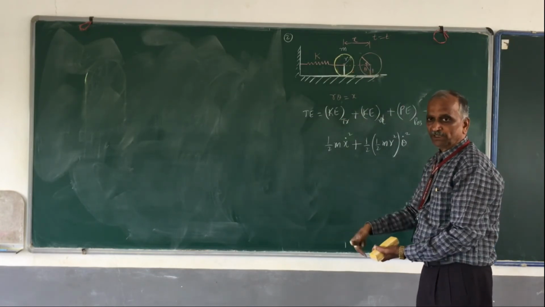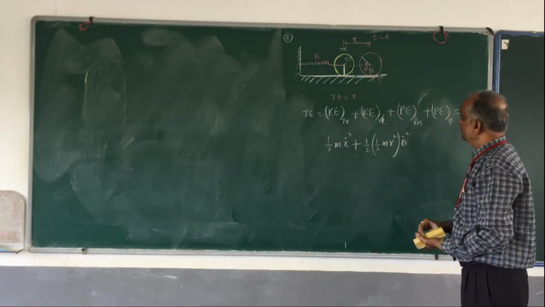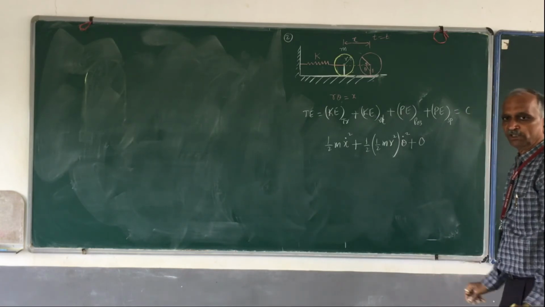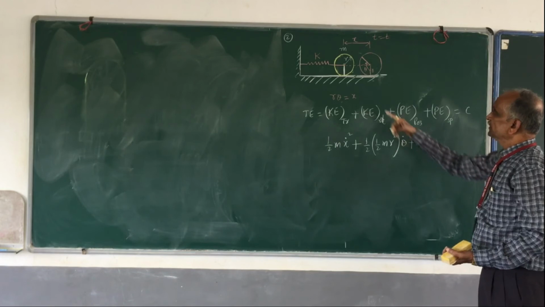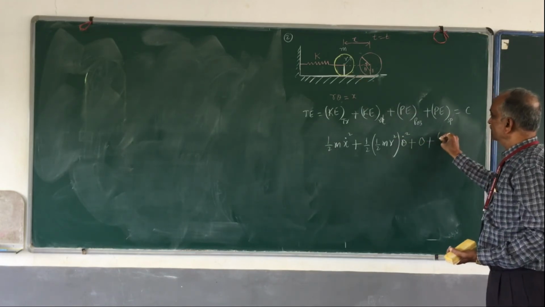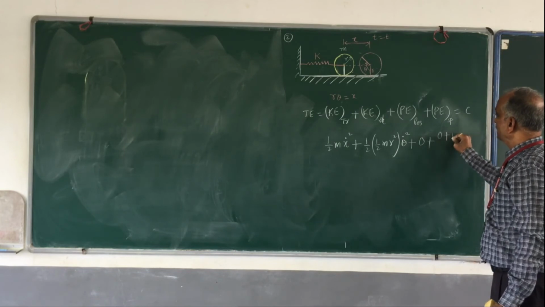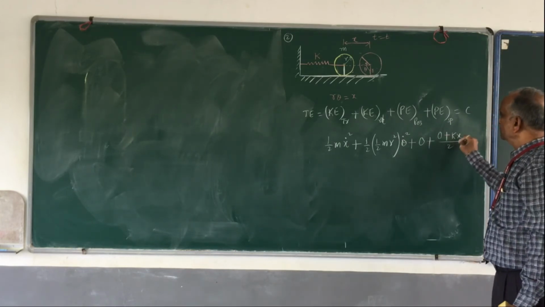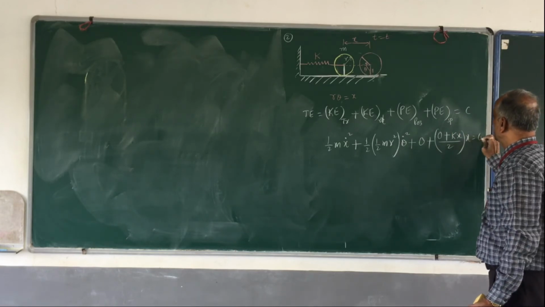Therefore, with respect to the earth center, it is at equal distance, and therefore the change in potential energy is 0. Then the potential energy in the spring: the initial spring force at equilibrium position is 0, plus k into x, divided by 2, the average force, multiplied by the displacement x, this is equal to constant.